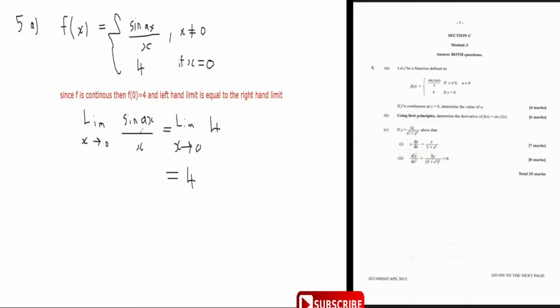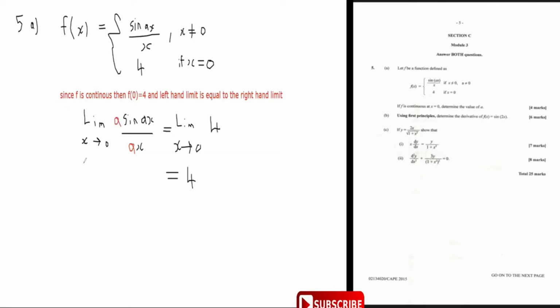So what we're going to do is multiply. We're going to put an a down here, but if we put an a down here, we have to put an a up here. We're multiplying by a over a. That makes sense?